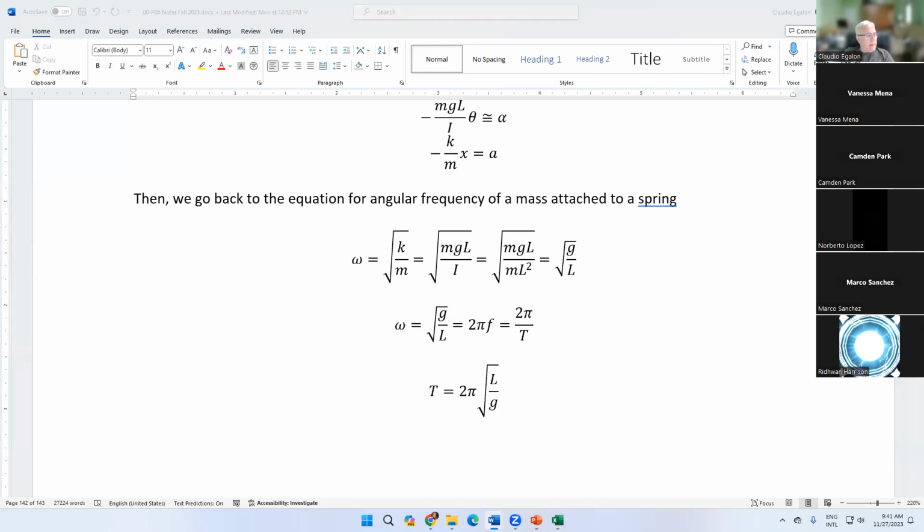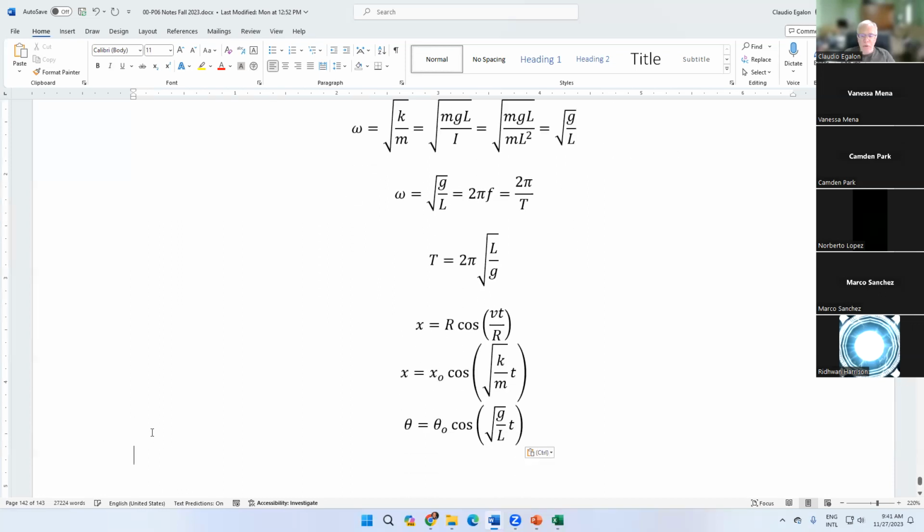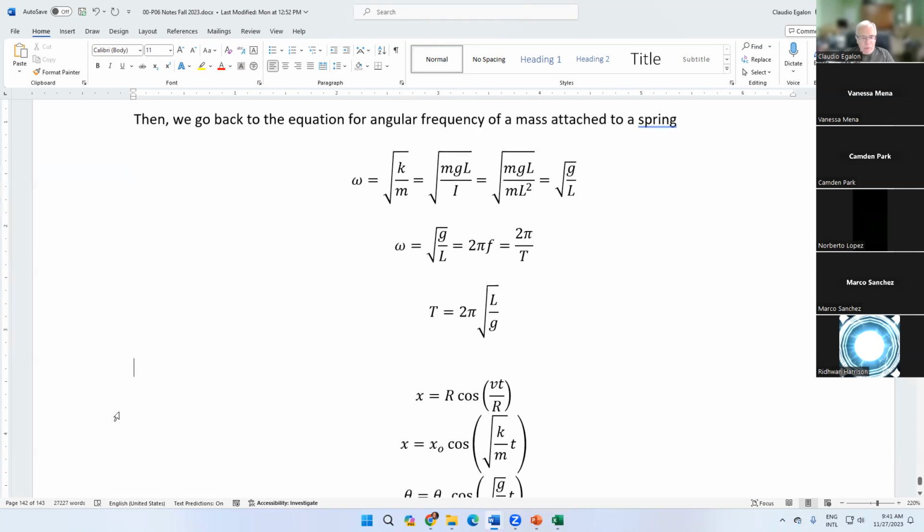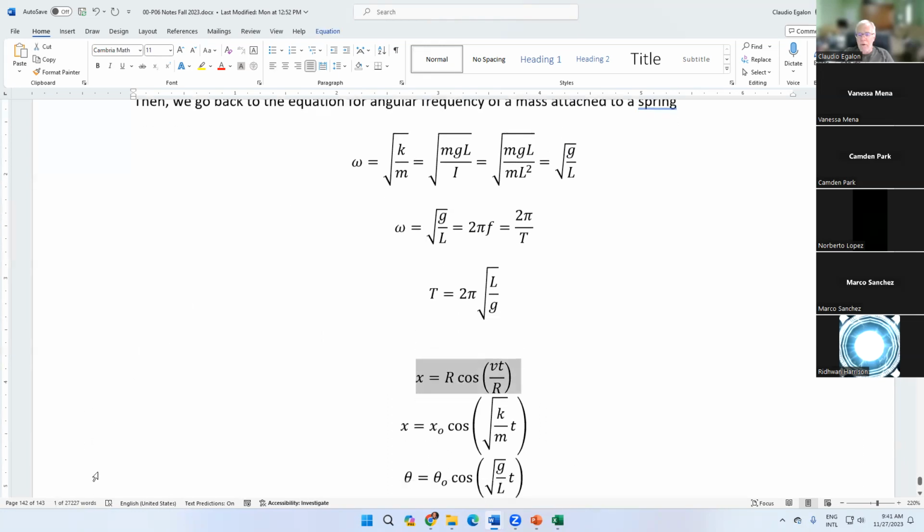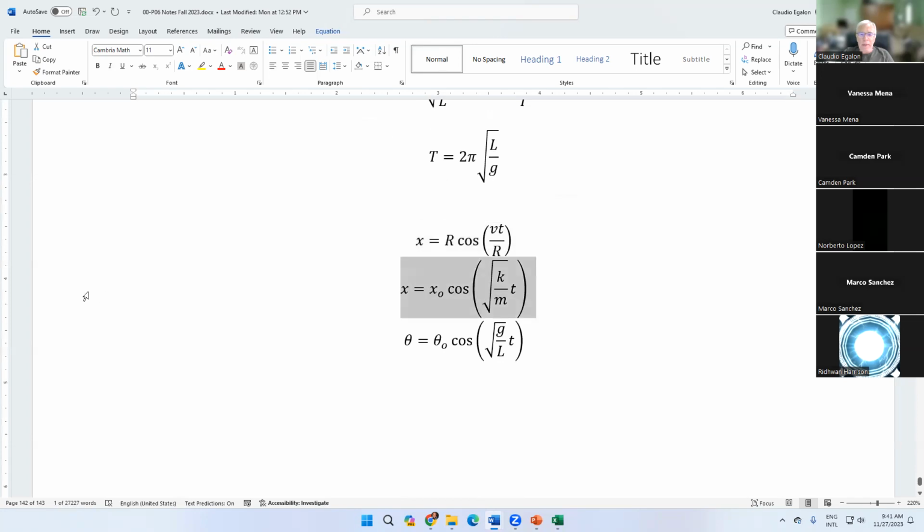And now I can display the equations of motion for uniform circular motion, simple harmonic motion, and simple pendulum.